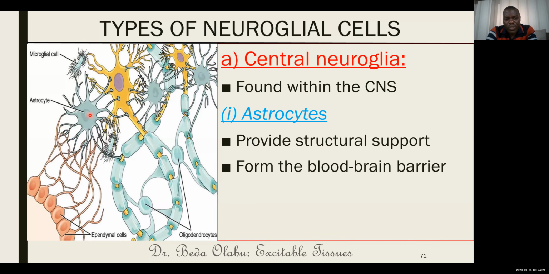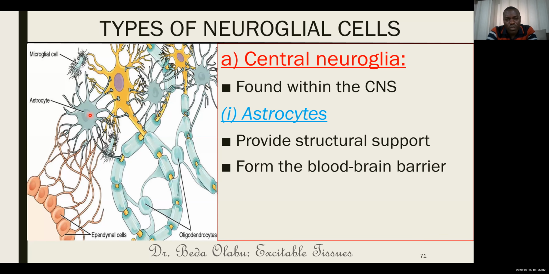You realize that neurons are a bit sensitive, or let me say very sensitive. And so anything within the blood should not necessarily reach the neurons, otherwise it will affect neurotransmission. It might even generate abnormal signals within neurons. For that reason, the body has a way of controlling the contents within the blood that can actually reach neurons.